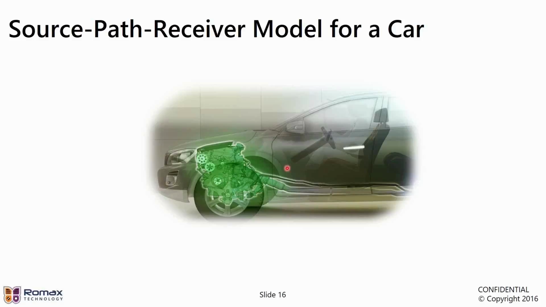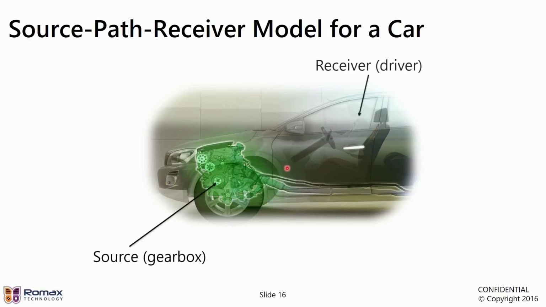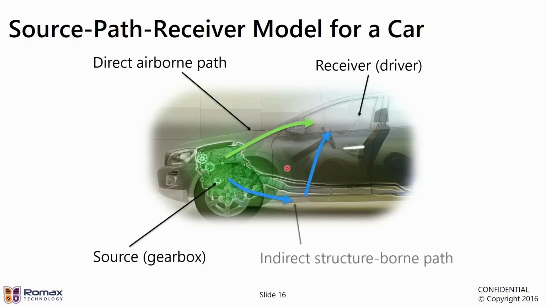We can think of a source path receiver on another level as well. We can think of it within the complete system, if you like, in the illustration here by a car. And in this case, we can consider the gearbox as a source and the receiver as the driver, and the paths in between are a direct radiated noise path, airborne path, and then various structural paths through the chassis, which then re-radiate noise.